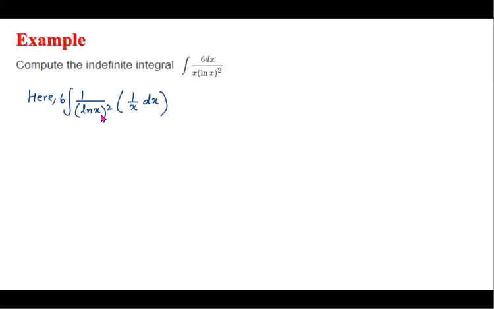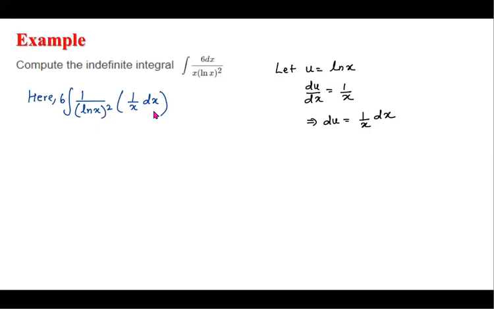So let's do it here at the side. Let u equal natural log x. That means du over dx will be equal to 1 over x. If I multiply on both sides by dx, you get du equal to 1 over x dx, which is this second parenthesis, 1 over x dx.